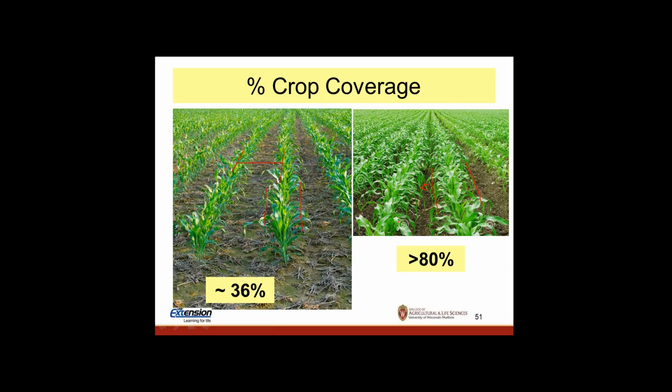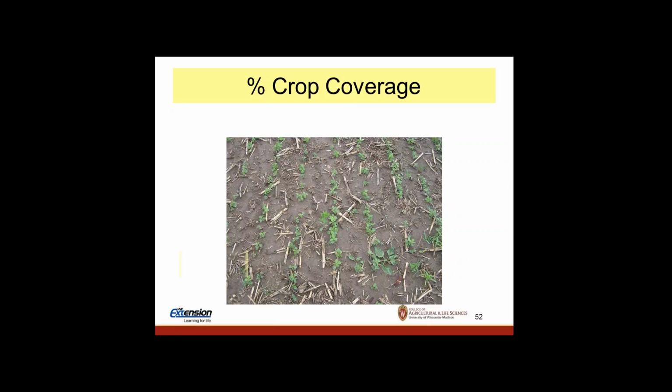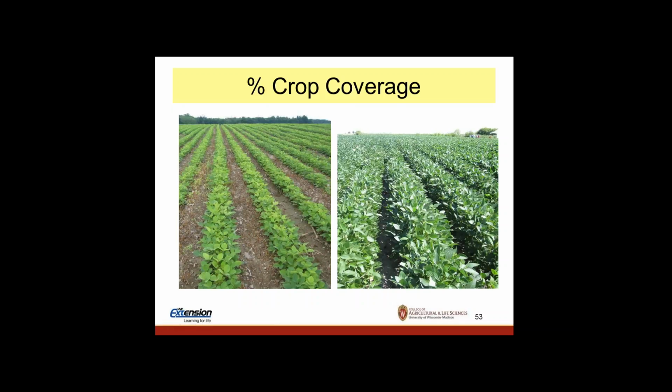So that's an example of how we do percent cover. Here's another one. Here we have some soybeans. Again, some other examples. These have a nice canopy on them, so they're a little easier to define. This one over here would be greater than 80%.